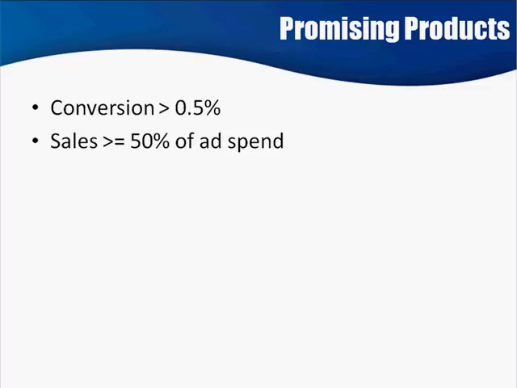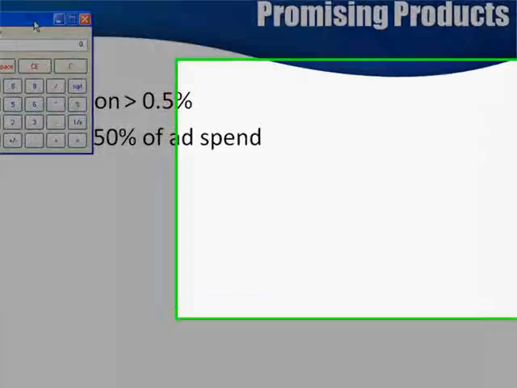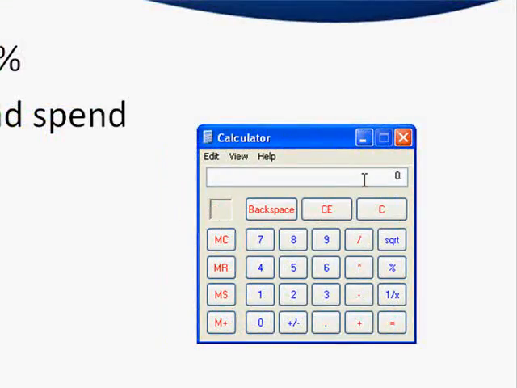Let's figure this one out as well. So we have, at our 35-cent example, 35 cents times 500 clicks, $175. We're going to divide that by 2, $87.50.